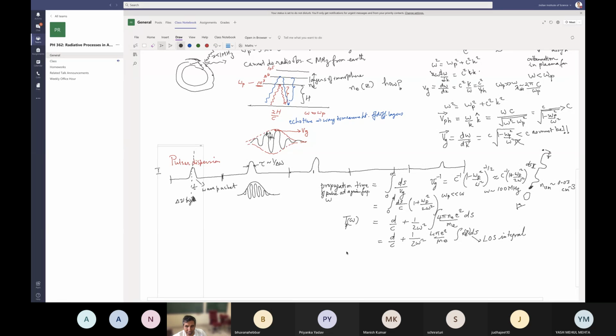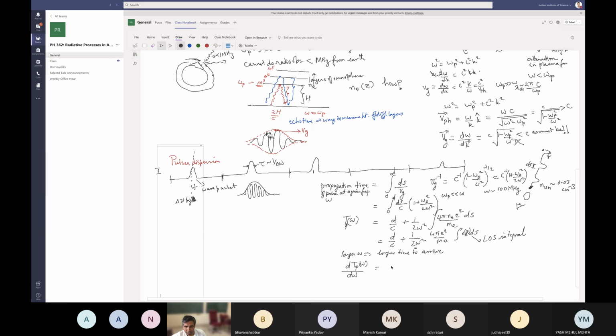So now the question is, if omega is larger, a larger omega implies that this correction is smaller, right? So it takes longer for lower frequency, a longer time to arrive. So we can actually calculate dT_p by d omega. How much does the arrival time change as a function of frequency?